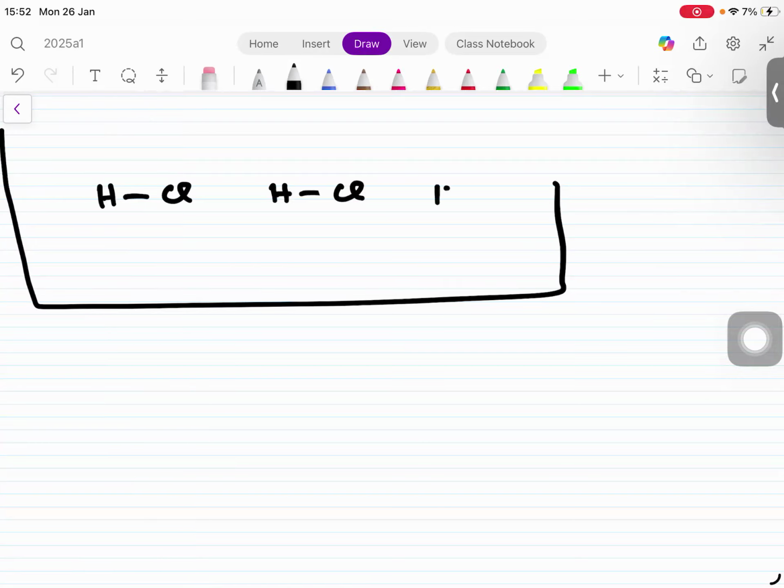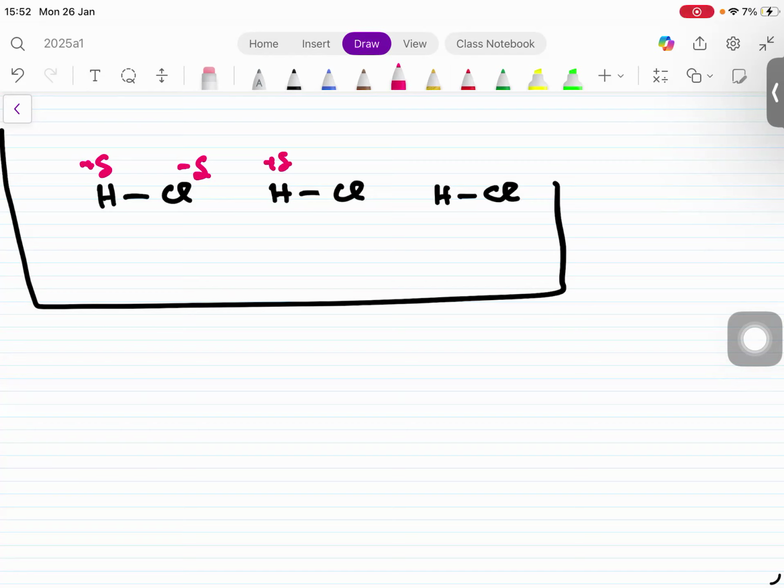In the last class, we studied that when the bond is formed between two atoms, it's a diatomic. Chlorine has more electronegativity, so this side is going to get partial negative. This side is partial positive. So the HCl molecule is polar.